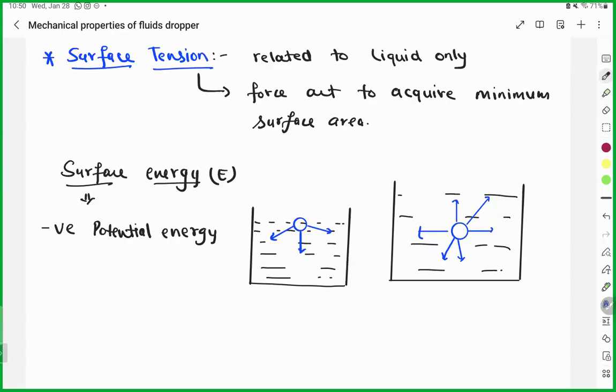So with less or negative potential energy, there will be the least surface area. And that's what we said in the case of surface tension, it wants to acquire minimum surface area. How? Because in the downward direction, other molecules are attracting. Make sense, guys? Any doubt?